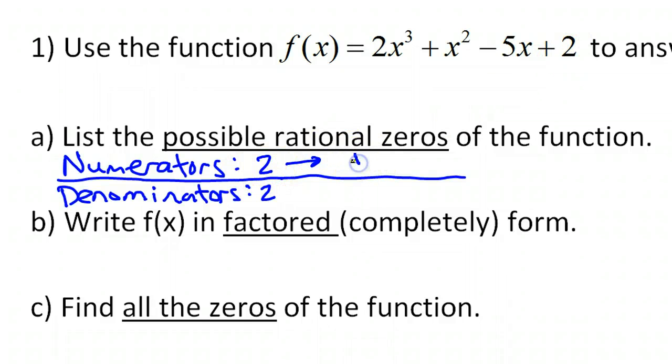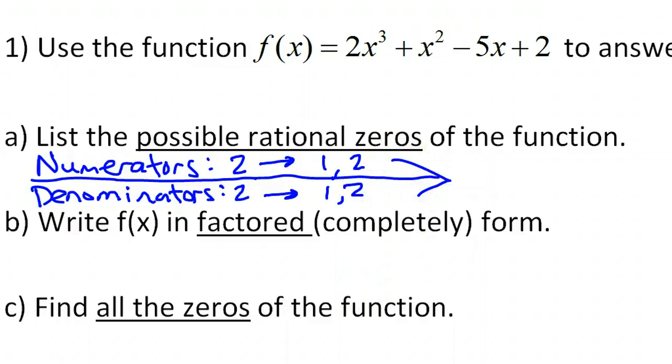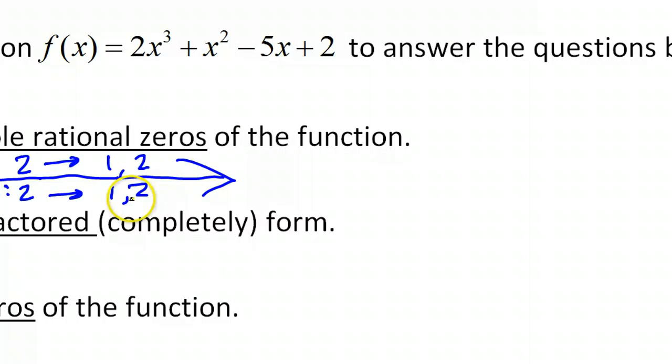So that's going to be plus or minus. Well, I'll do the plus or minus part later. The factors of 2 are 1 and 2. Alright, so that'll be the same thing for the denominator. So for the possible zeros, we just mix and match these numerators with these denominators. In fact, let me color coordinate it a little bit.